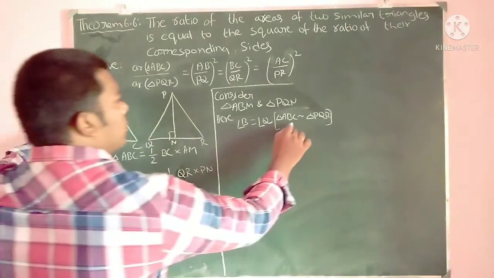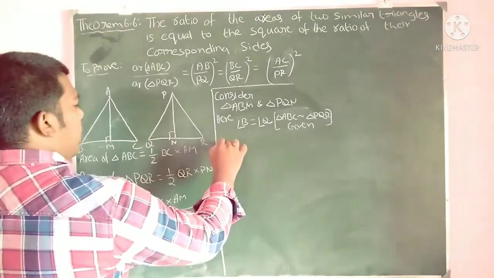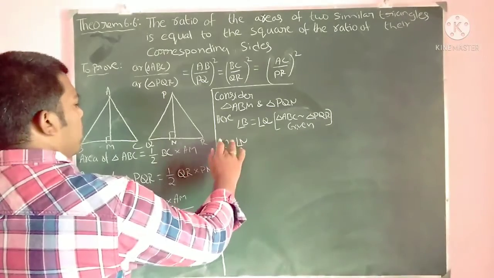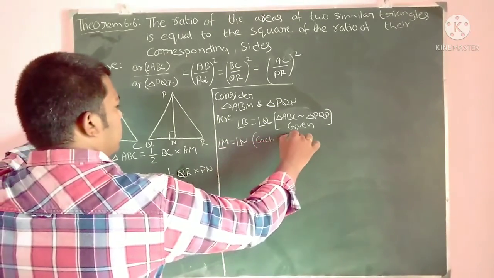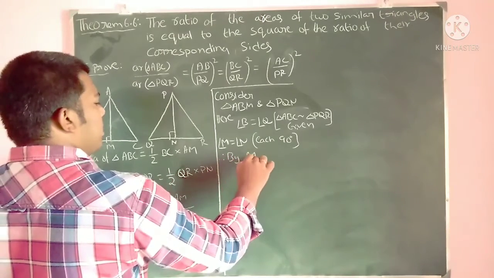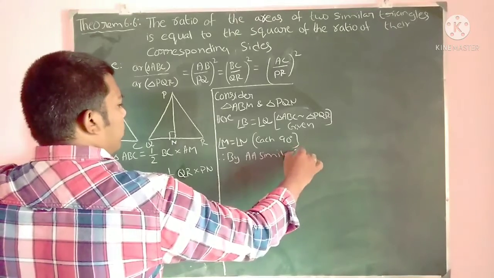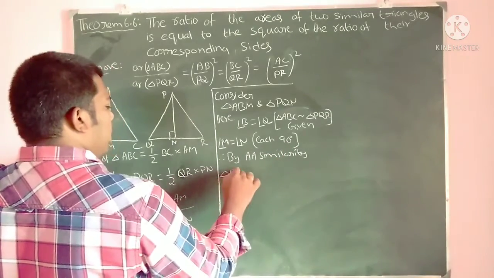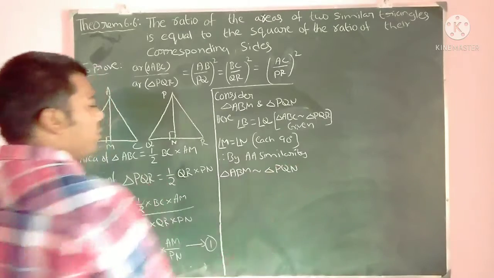That is given, because the two triangles are similar. And angle M is equal to angle N, each 90 degrees. So therefore, by AA similarity, we can say triangle ABM is similar to triangle PQN.